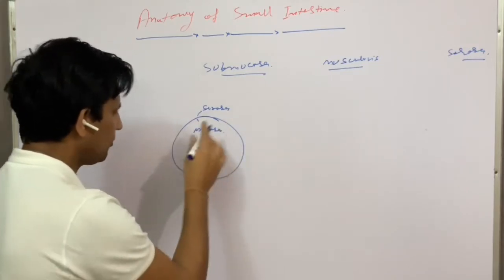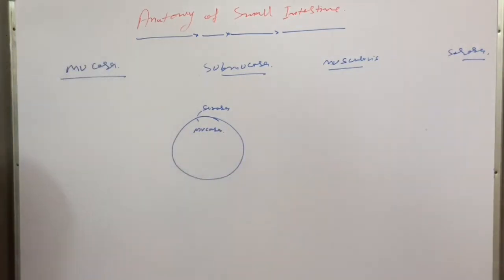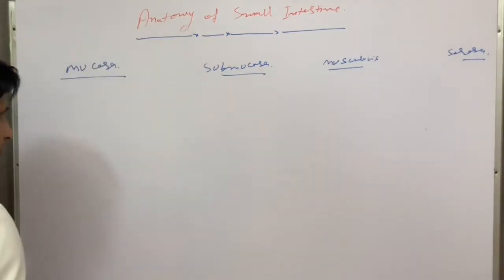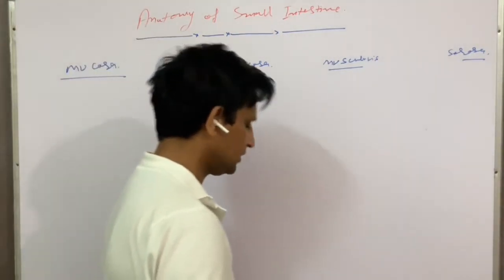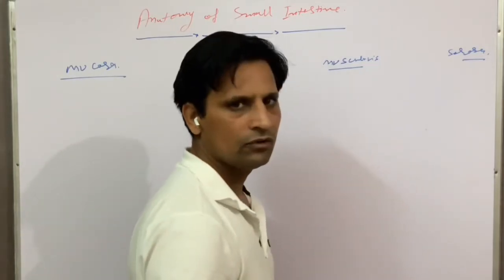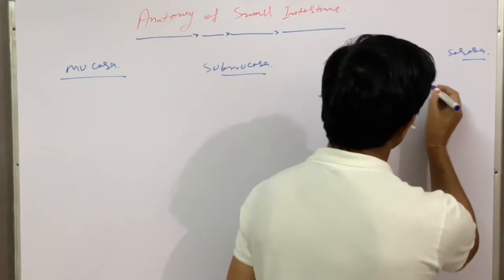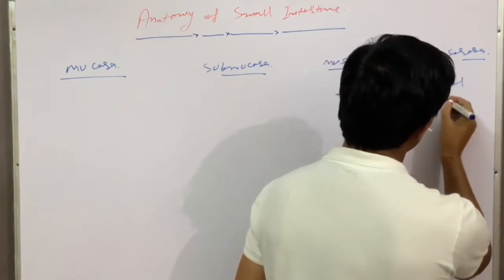Okay, let's talk about these layers separately. The outermost layer is serosa. What is serosa? Serosa is nothing but a covering of visceral peritoneum.